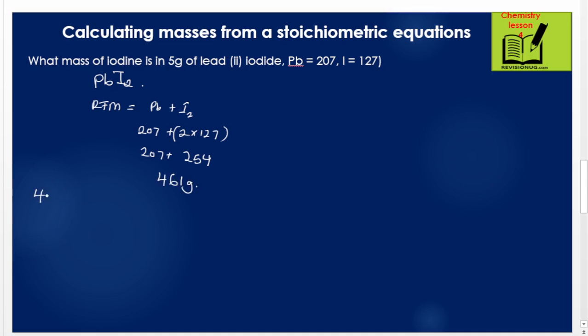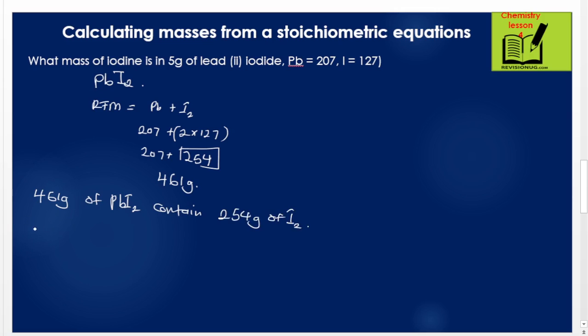Therefore 461 grams of lead iodide contain how much iodine? They contain 254 grams of iodine.